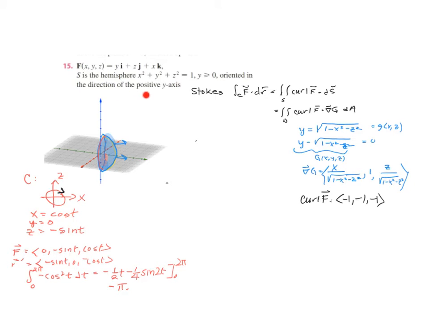This is supposed to be oriented positively, so oriented positive y direction. So yes, that is what we want. Now we take the dot product of these two and we get a lot. Negative x over that radical, minus 1, and minus z over that radical.